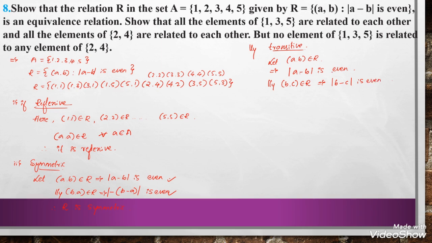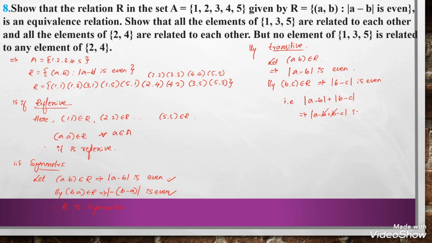After combining the two relations, that is A minus B plus B minus C, that is A minus B plus B minus C, plus and minus get cancelled.